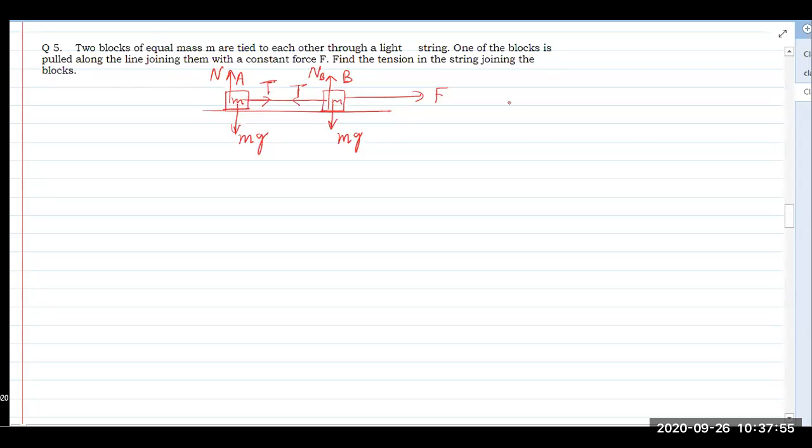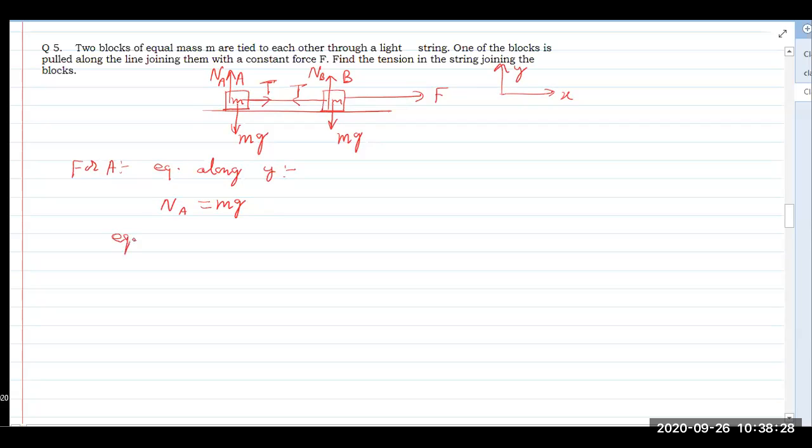So if I write the equations for A, first along vertical. Suppose we consider this as X and this as Y. Along Y, the object is not moving, so NA equals Mg, balanced.